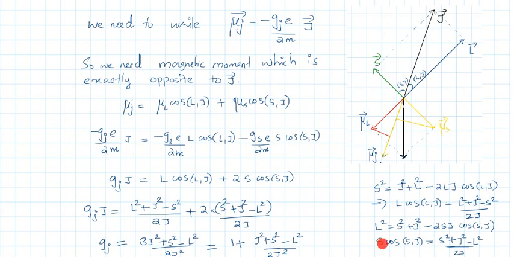Substitute this s cos sj and L cos lj into this equation and add the similar terms. You will get 3j square plus s square minus L square divided by 2j square. Write 3j square as 2j square plus j square. 2j square divided by 2j square is 1. That is 1 plus j square plus s square minus L square divided by 2j square.